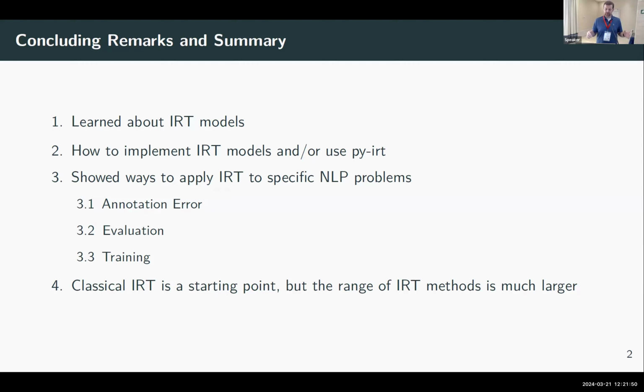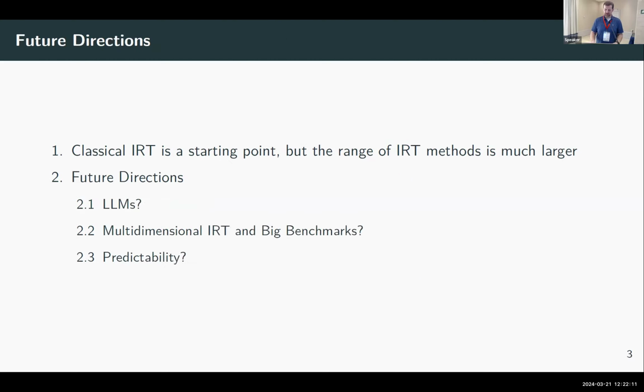But the big takeaway: classic IRT is the starting point. We've shown a proof of concept in some of the stuff we've published and presented today, but there's a lot of open work and a lot of interesting directions moving forward, and also a lot of work that, even between when we proposed this tutorial and today, is already starting to come out to show more examples of this in action.